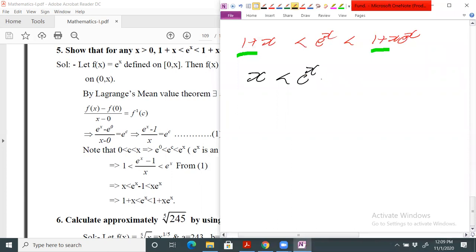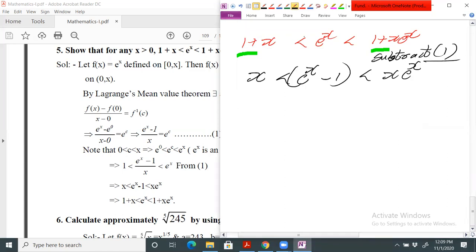We are not having any 1 here, so we get minus 1, less than x into e power x, subtracted with 1. I didn't mention on paper to subtract 1, so you can understand and write it on paper: subtract 1, then we'll get it.